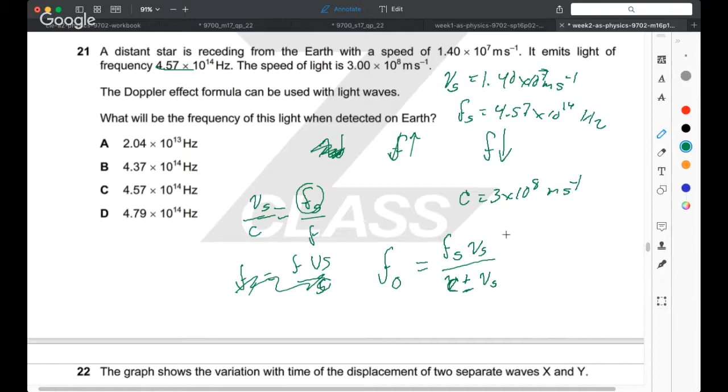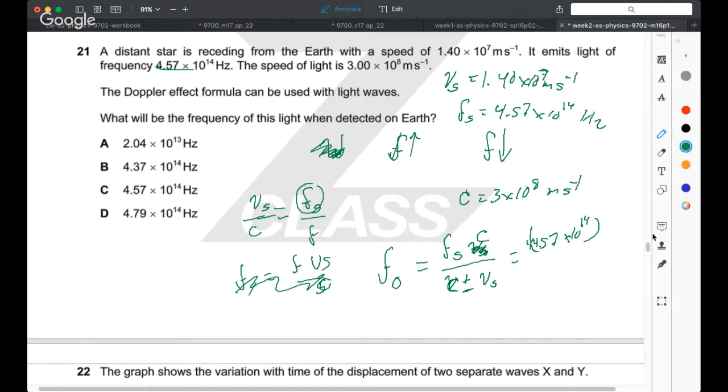This is the frequency of the emitting wave. That is the actual one. We have 4.57, so 457 times 10^14.